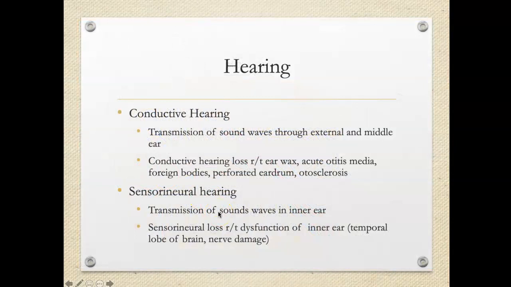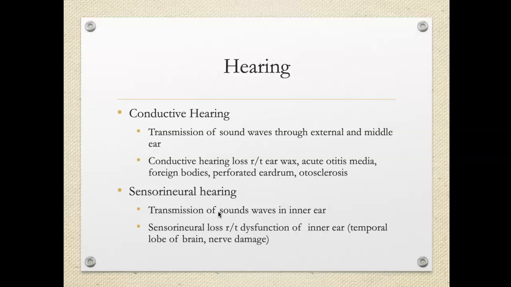Conductive hearing, again, we usually have a transmission of sound that goes through that external canal and goes through the middle ear. When you have conductive hearing loss, that's usually something that's blocking the transmission of those sound waves. And that might be because of earwax, or if they have an infection, acute otitis media.